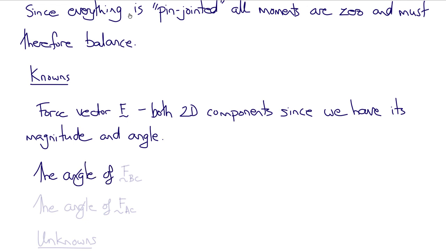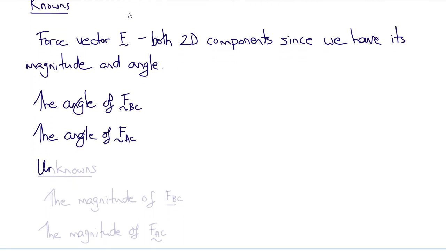We also know the angle of the force BC and the angle of the force AC. What we don't know is the magnitude of the force BC or the magnitude of the force AC.